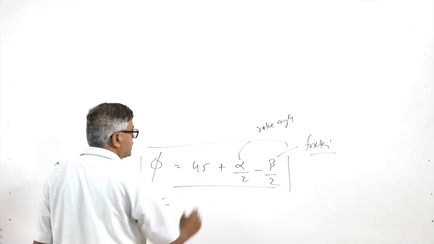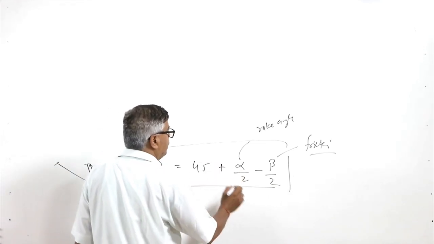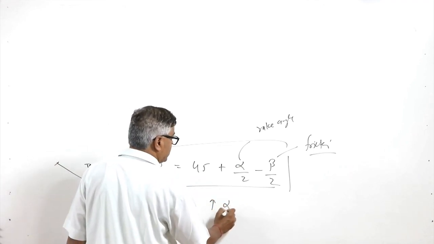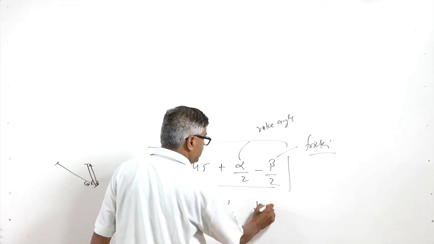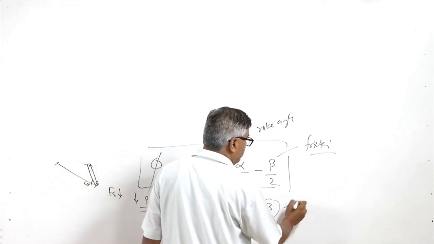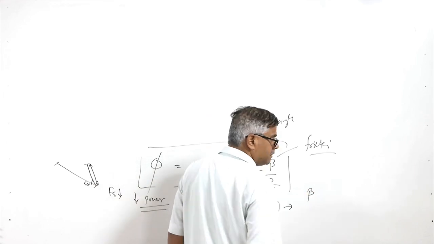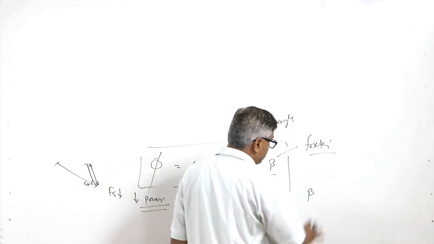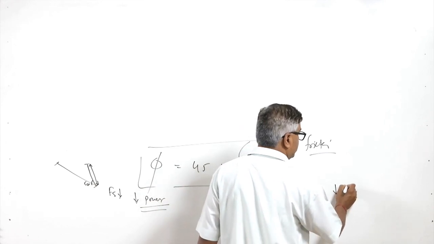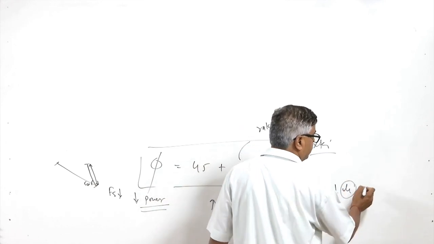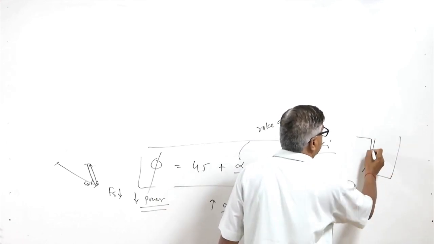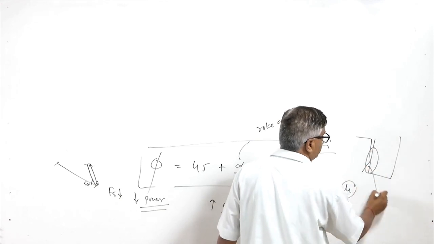If we see this equation, if we increase the alpha value, that means phi can be increased, by increasing alpha or by reducing the friction angle beta. So, beta is the friction angle, and this we need to reduce. For reducing the friction angle, we need to reduce the friction coefficient. If the friction coefficient between the chip and the tool is to be reduced, then we need to lubricate the chip tool interface.